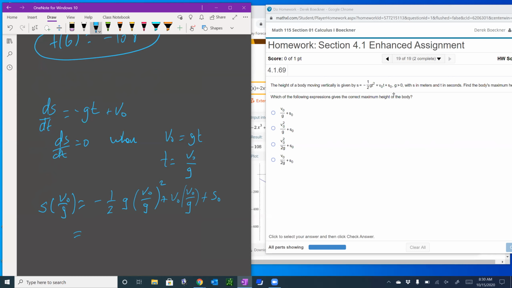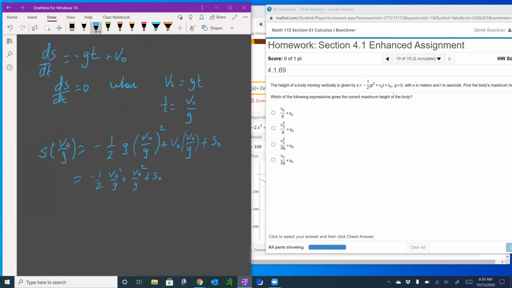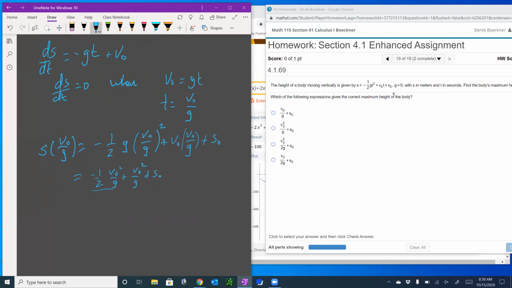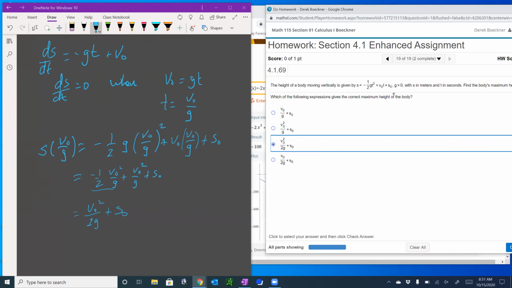So I get minus 1/2 v naught squared over g plus v naught squared over g plus s naught. I've taken away half of v naught squared over g, and I've added a full one. So that's just v naught squared over 2g plus s naught. So I go with that one.